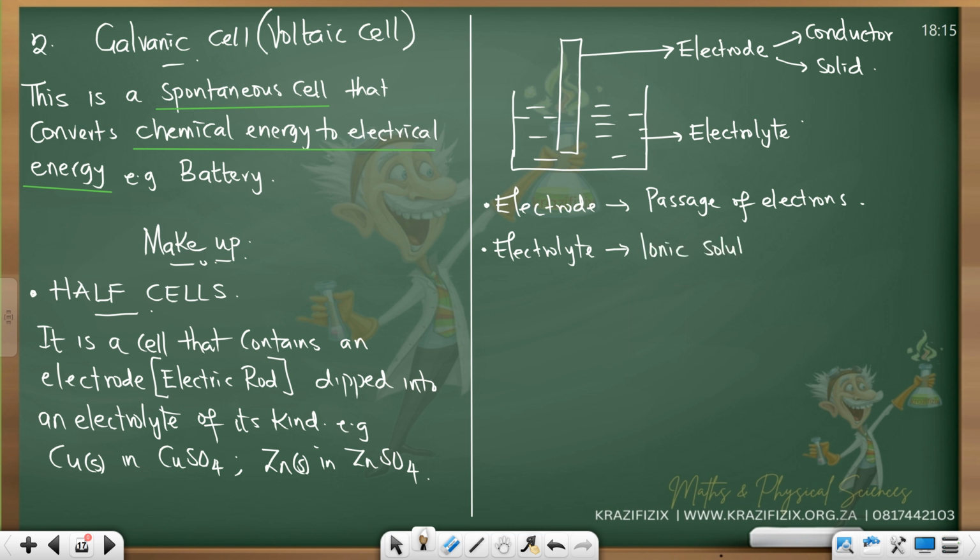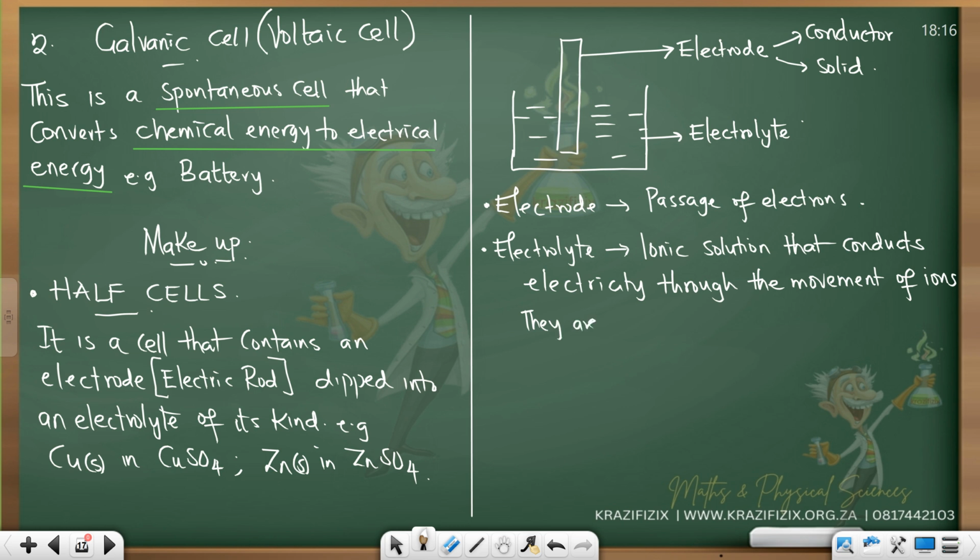An ionic solution that conducts electricity through the movement of ions. Grade 9, natural science. They are usually metal salts.